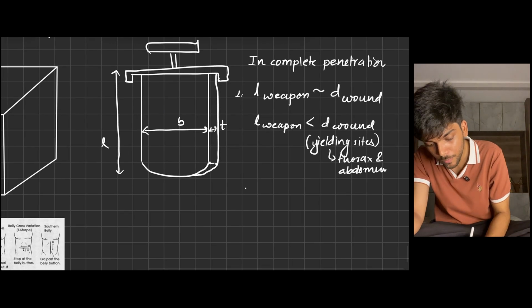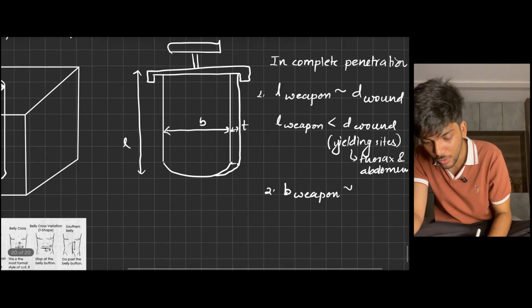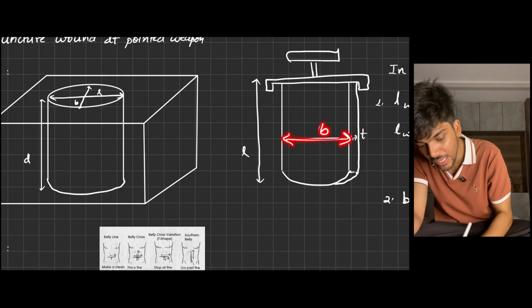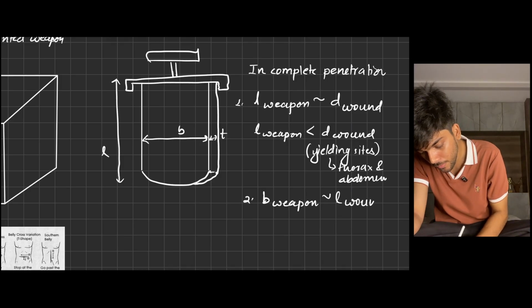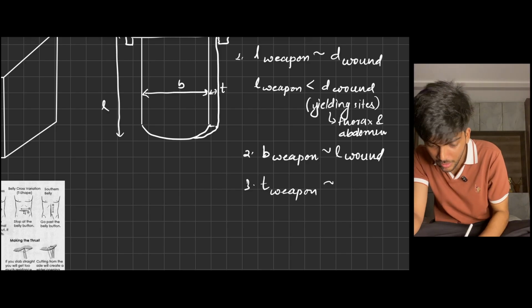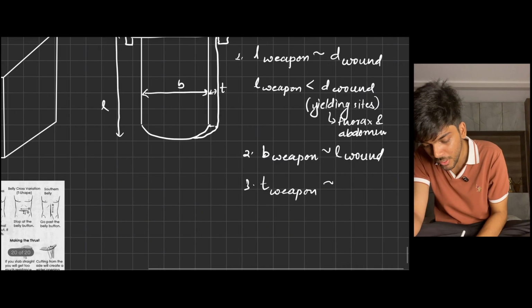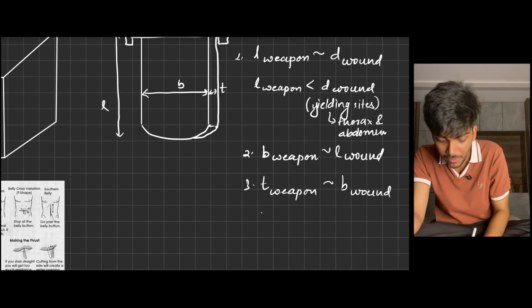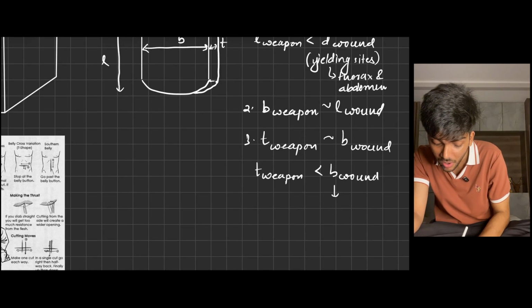Similarly, number 2, the breadth of the weapon is equivalent to the length of the wound. Then number 3, the thickness of the weapon is equivalent to the breadth of the wound. But sometimes the thickness of the weapon is less than the breadth of the wound, or the breadth of the wound is more due to, as I have told earlier in incision as well, gaping.